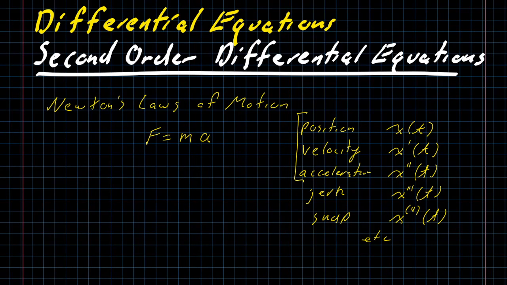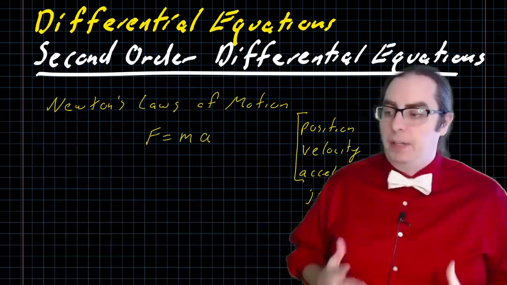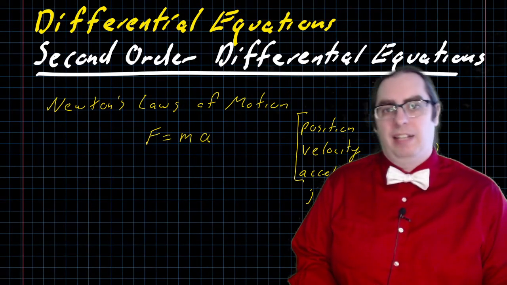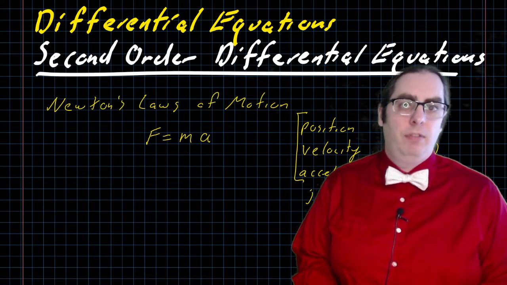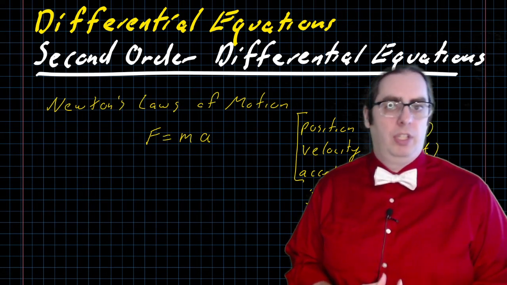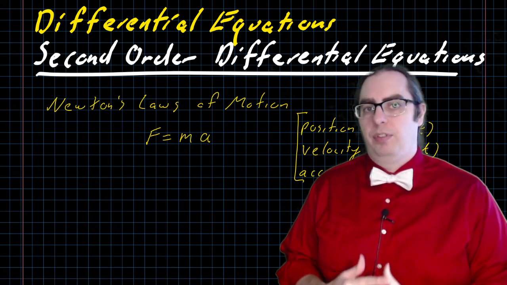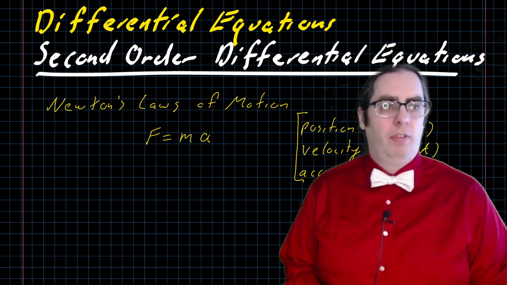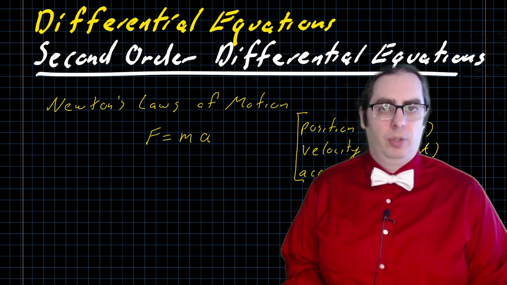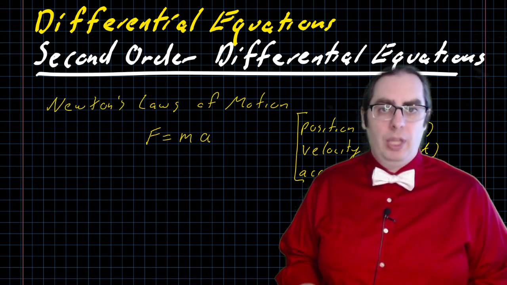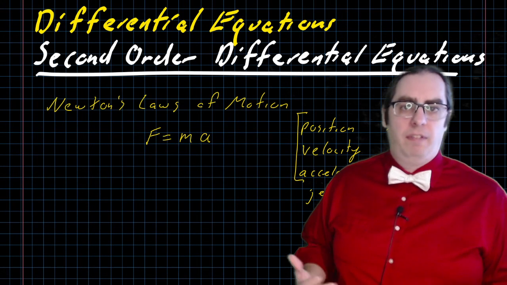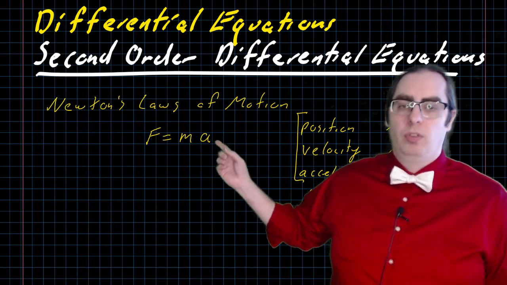Or put another way, the fundamental idea of classical mechanics is that if you know the positions and the velocities of everything in your system, then you can predict precisely how the system will evolve and how those positions and velocities are going to change. And we do that through means of the acceleration and the force.